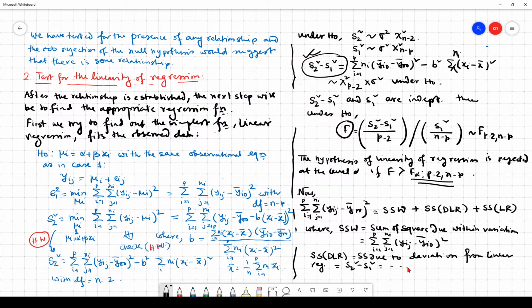Please write this expression here, that is the sum over i from 1 to p of ni yi naught bar minus y naught naught bar whole square, minus b square summation i from 1 to p of ni xi minus x bar whole square. So please write this here.